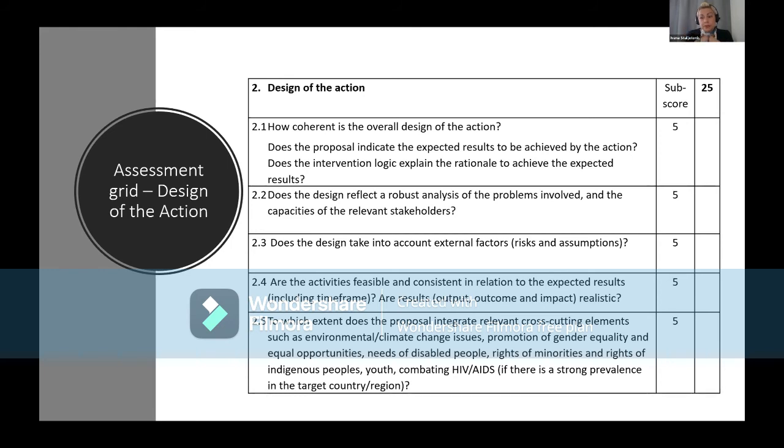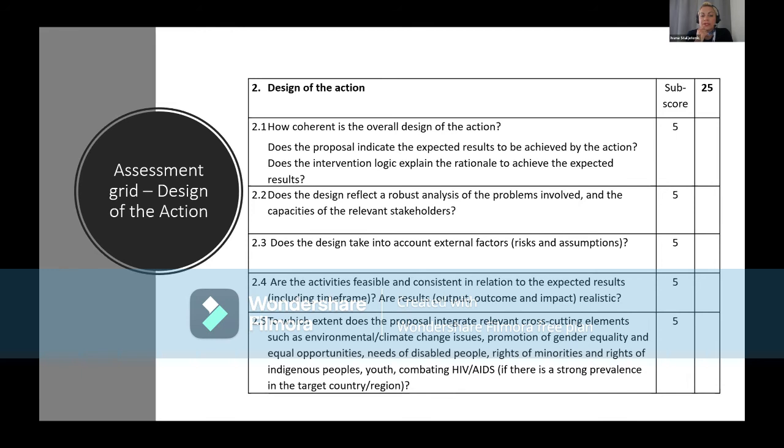Here we don't have a multiplying of subscores, but we have 5 criteria, 5 questions that are asked from the evaluators and assessors. They basically need to fulfill and justify the scoring and reply to all these questions, exactly like they are presented here and in the guidelines for applicants.